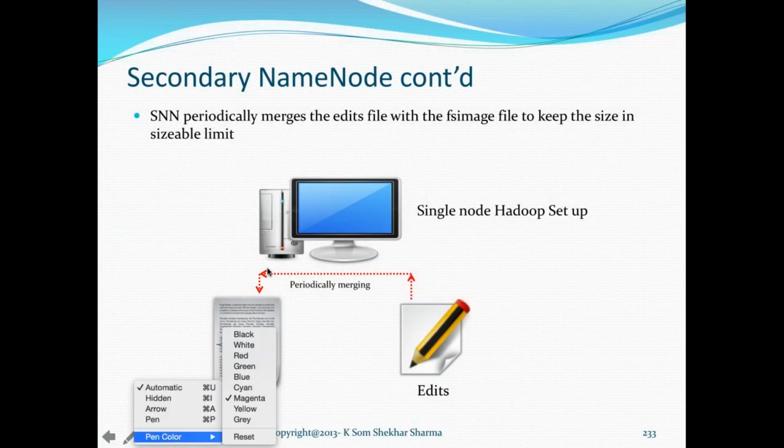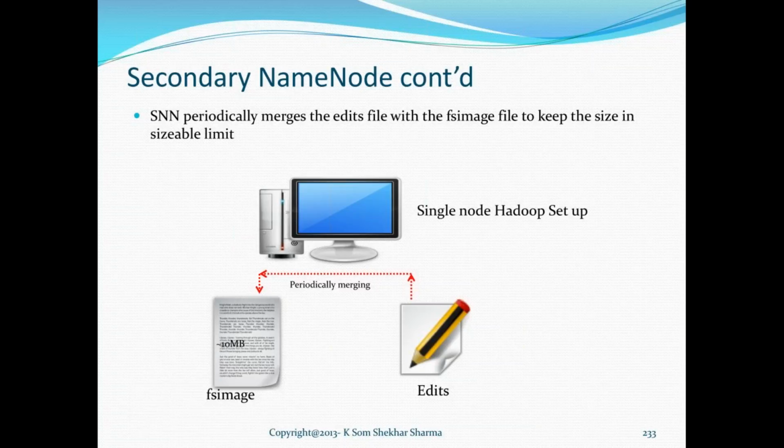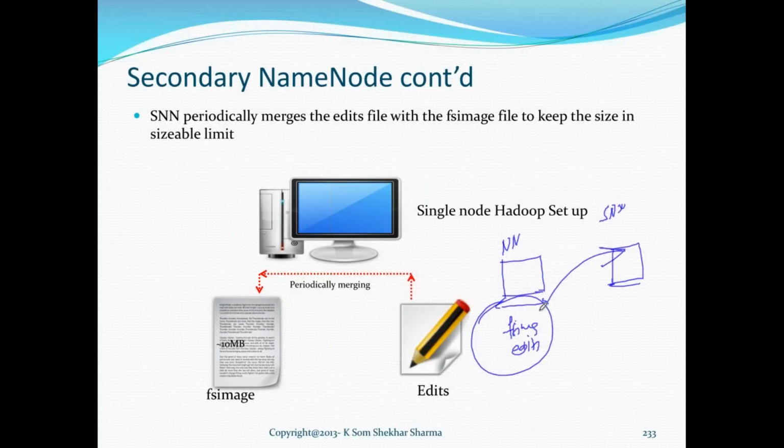So if your name node is running on this machine, the secondary name node will pull the FS image and edits file from this machine, merge them, and then send back the new FS image file. Does it answer your question?